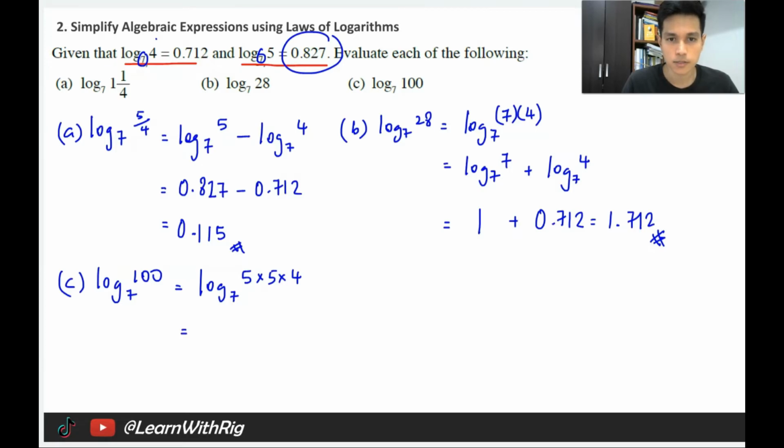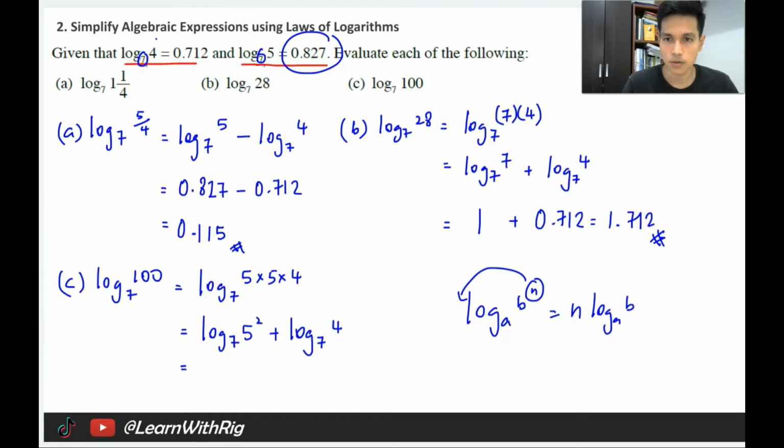Now notice all these are multiply, so that means you can add up the logs. So log 5 squared plus log 4 base 7. Remember, I told you when you have something like log b to the power n base a, the power can shift to the front, so you get n log b base a. In this case, you're going to apply the same thing.